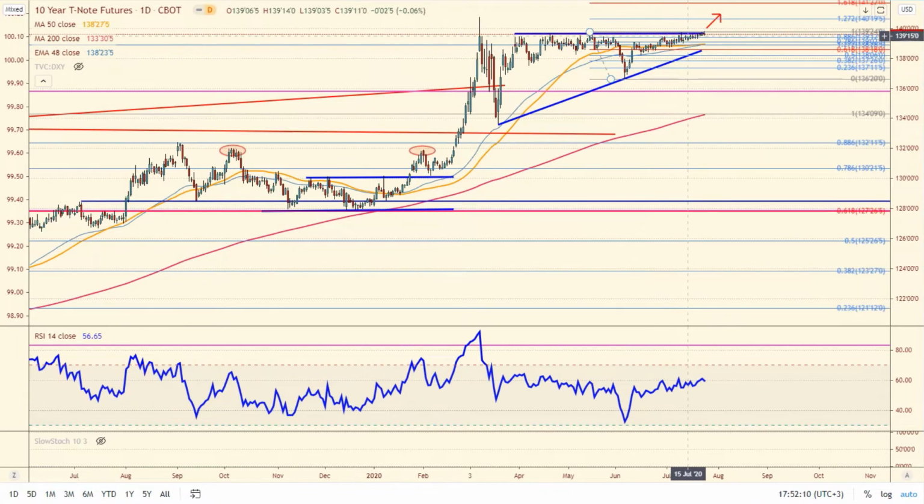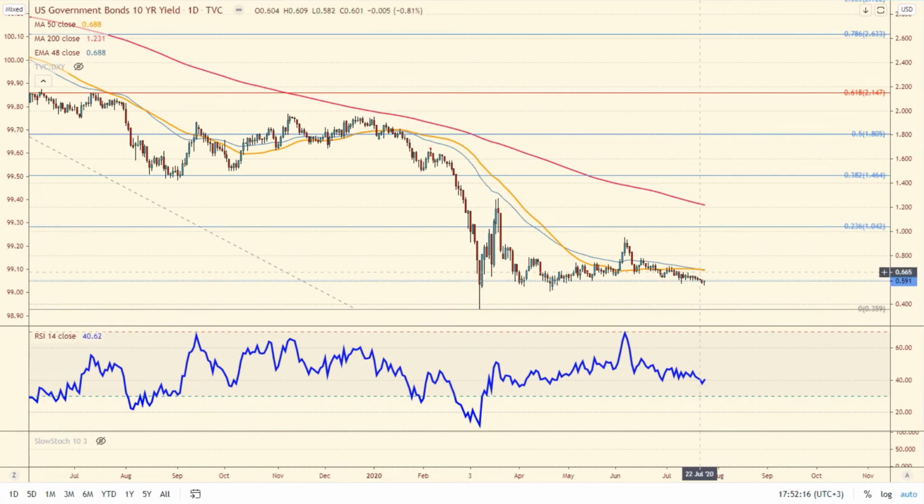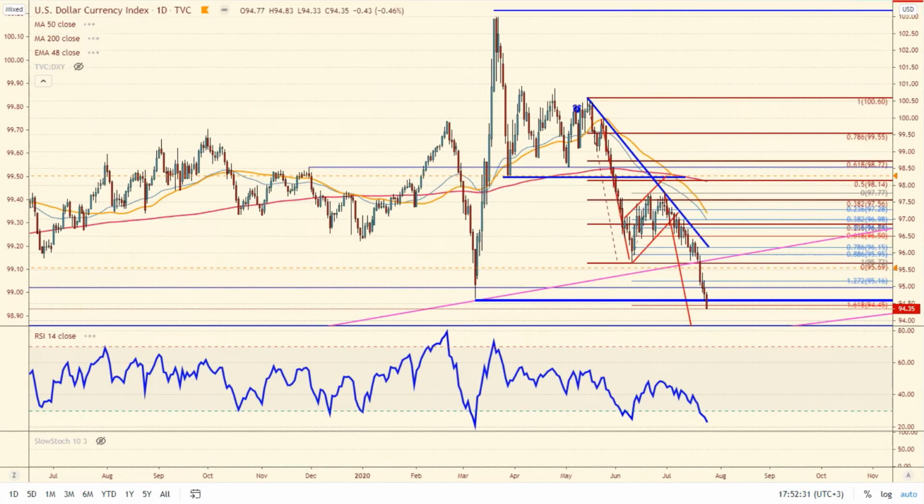It's just threatening a breakout, and if that happens, you're going to see yields probably drop once again. And we're at 0.6% right now. So watch that. That might be a mover of the dollar yen, which then could continue to fuel that downside move in the dollar index.